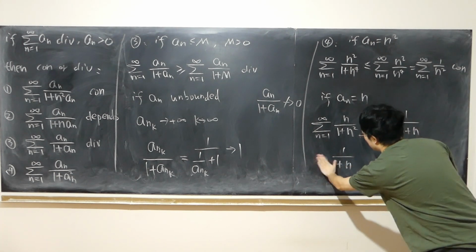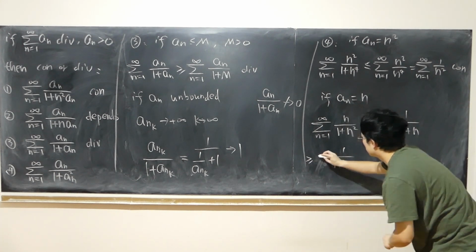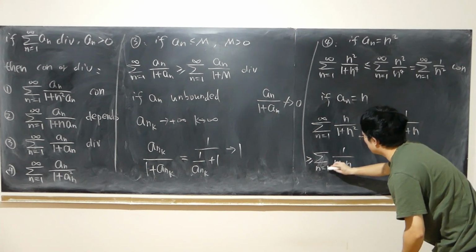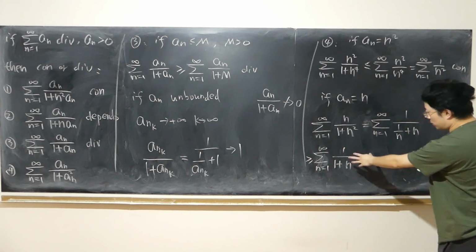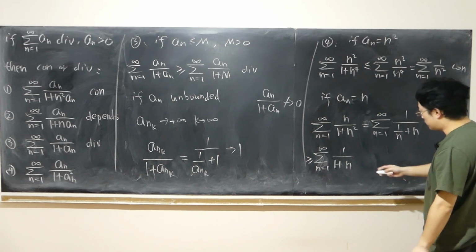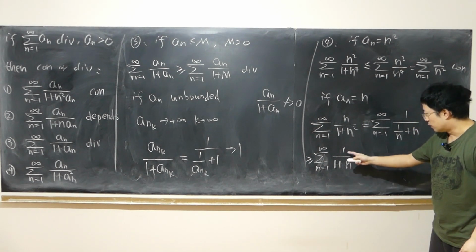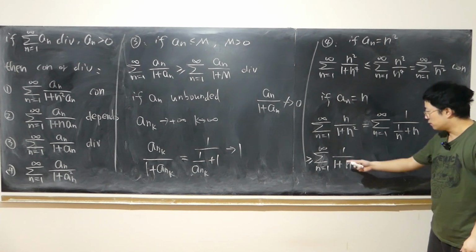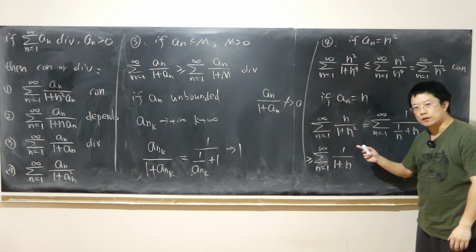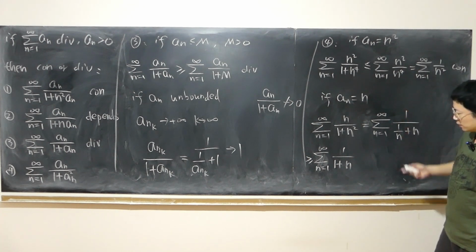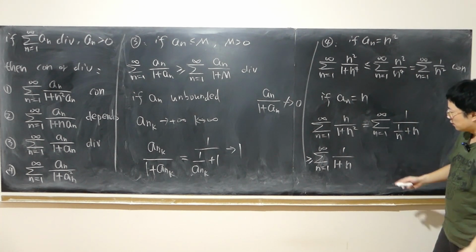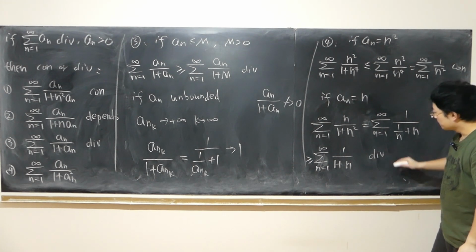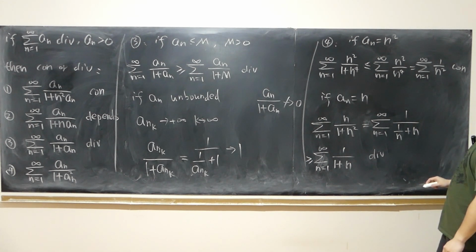This infinite sum is obviously a harmonic series, except I start from 1 over 2, 1 over 3, 1 over 4. But missing the first term of a harmonic series, 1 over 1, doesn't impact the divergence. Still divergent. So, also depends.